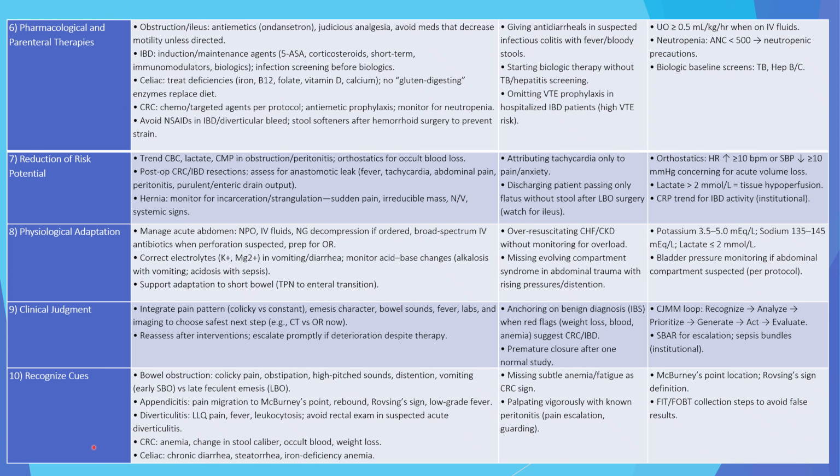Celiac: chronic diarrhea, steatorrhea, iron deficiency anemia. Memorize points like McBurney point location and Rovsing sign, so look back at what that means in case.